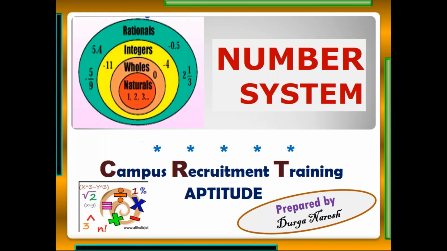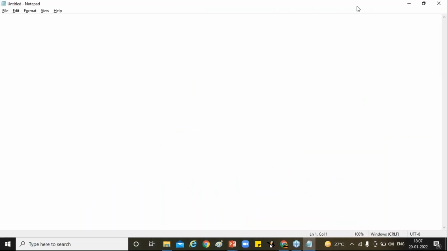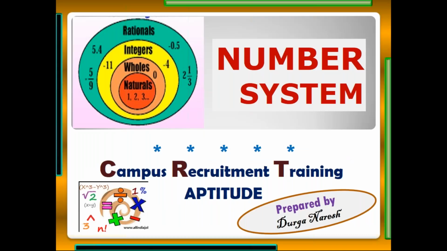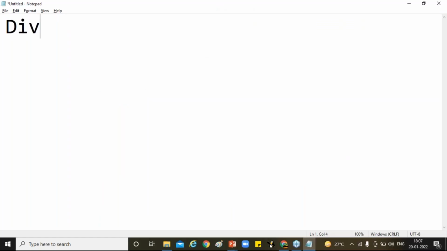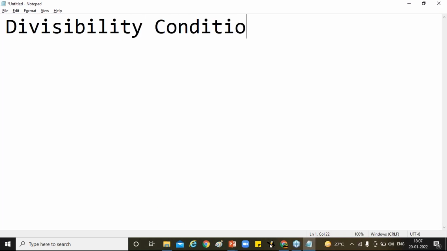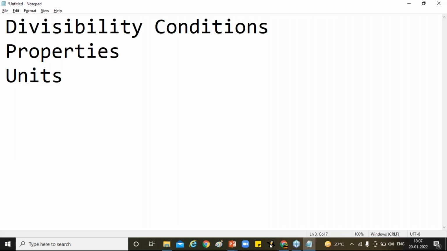So in number system, we need to focus on three different topics: divisibility conditions, some of the general properties related to the numbers, and the most important concept, that is the units digit concept. So these are the different concepts we may cover in this particular number system topic.